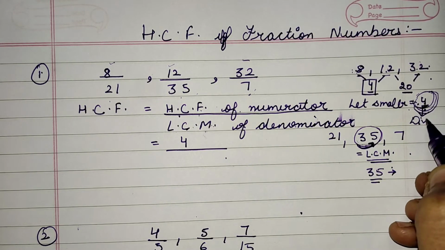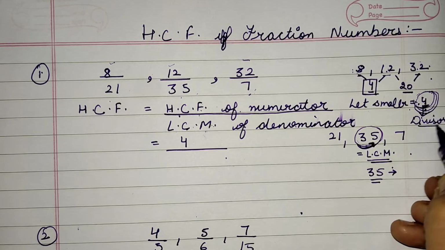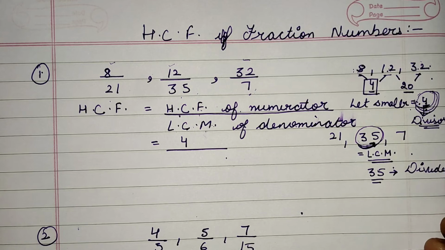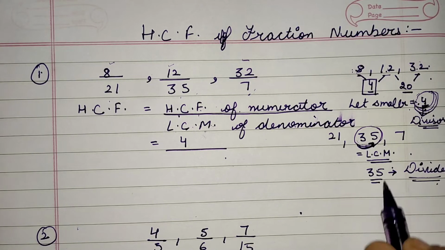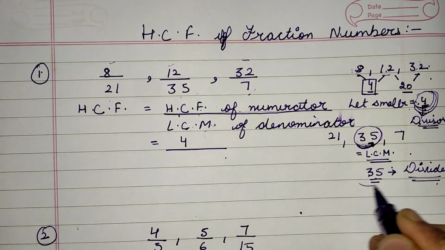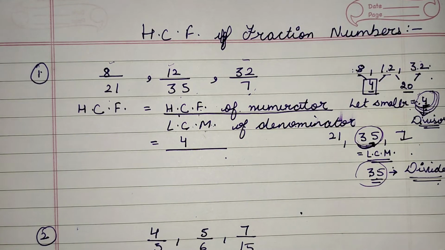HCF acts as a divisor and LCM is almost equal to a dividend, meaning it should be divisible by all these numbers. 35 is divisible by 7, yes.